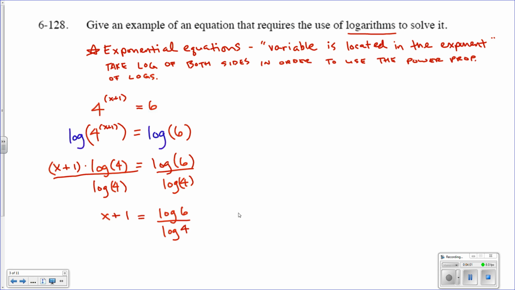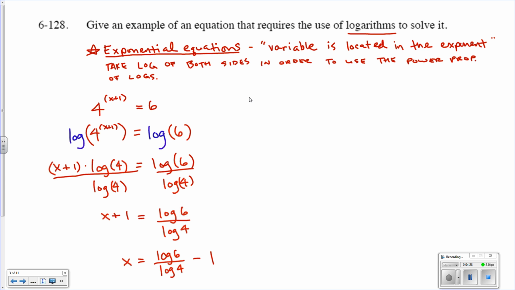Then we'd probably subtract 1 afterwards, so x would equal the log of 6 divided by the log of 4, minus 1. You could calculate that. We're not really asked to solve them here, but what I want you to focus on is that when we have exponential equations, that's the time we want to use logs to help solve it.